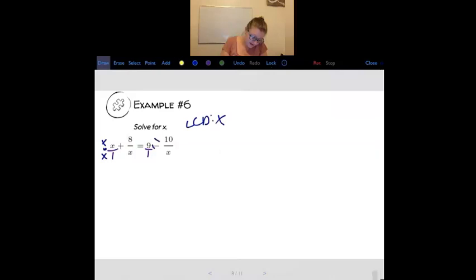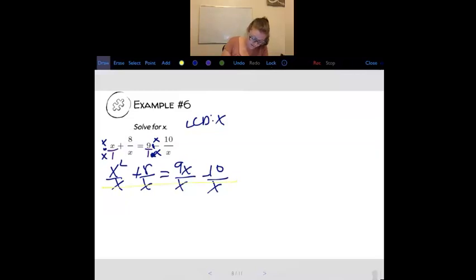Same thing here. Okay, so now what we have is x squared over x plus 8 over x equals 9x over x minus 10 over x. At this point, we can let go of our denominators. We have left x squared plus 8 equals 9x plus 10.